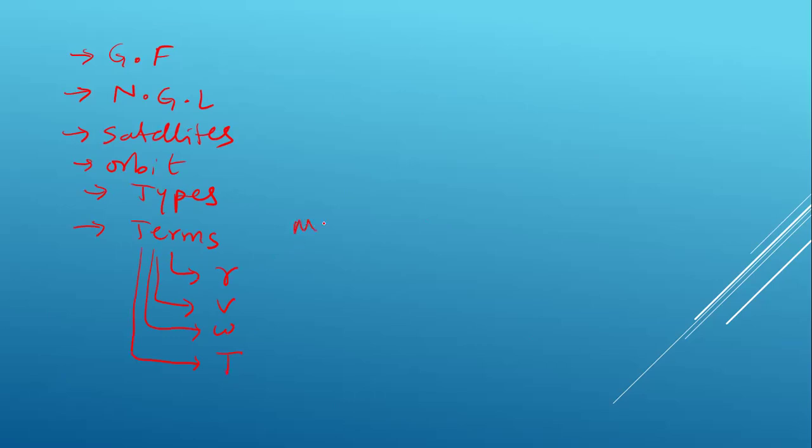And the main expression for satellite motion was that gravitational force supplies the centripetal force, and this centripetal force can be mv square over r, or it can be m r omega square. And of course this is from Newton's universal gravitational law.